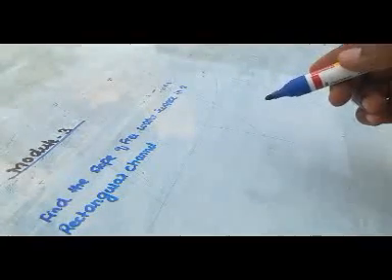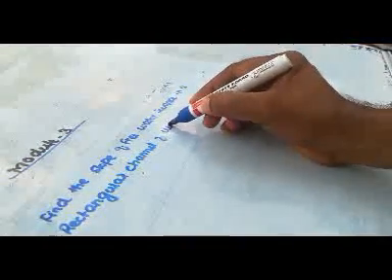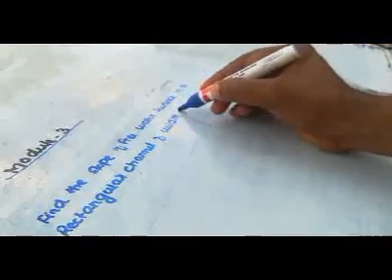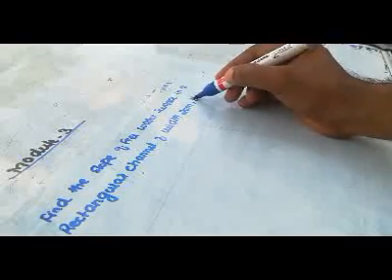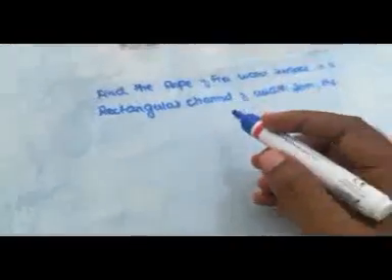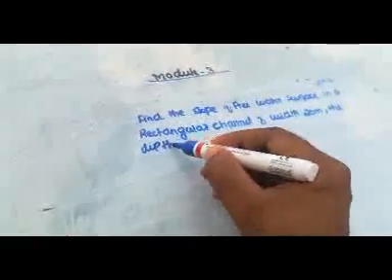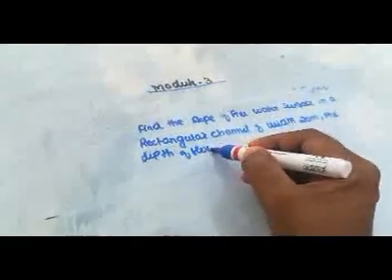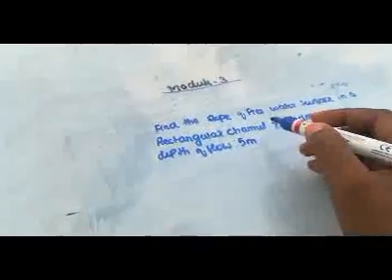Find the slope of free water surface in a rectangular channel of width 20 meter, the depth of flow 5 meter.